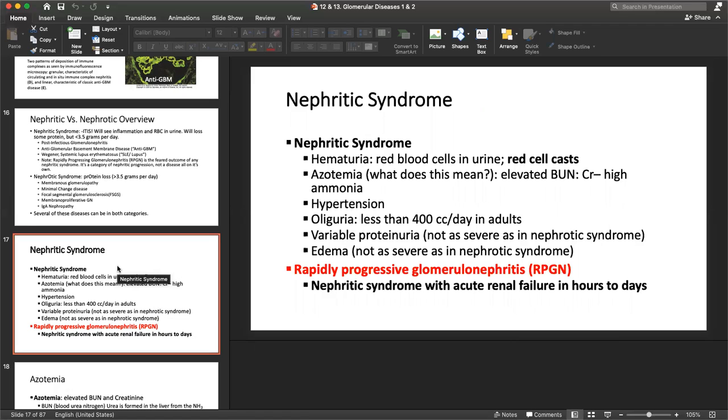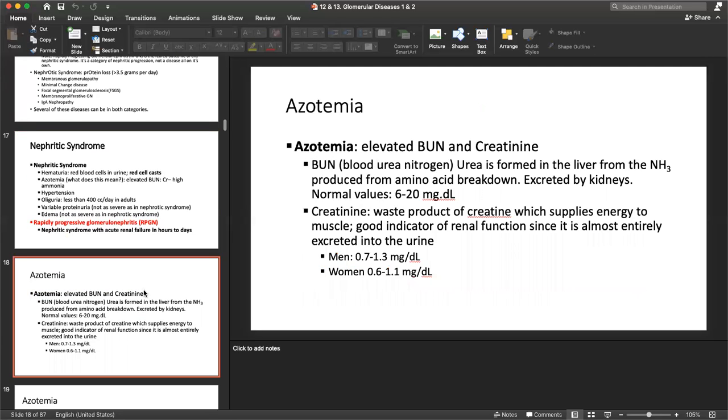You may see protein in the urine, and that's okay as long as it's not above 3+. Edema, and then an example that we have is RPGN, which is rapidly progressive glomerular nephritis. Okay, here's our azotemia again, elevated BUN and creatinine.